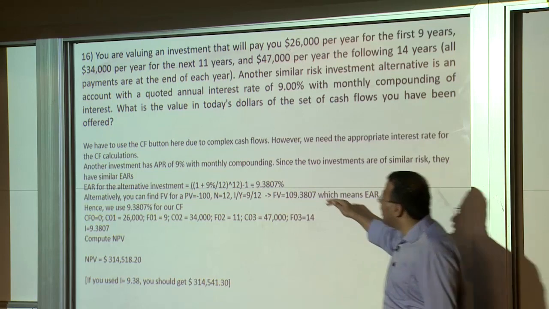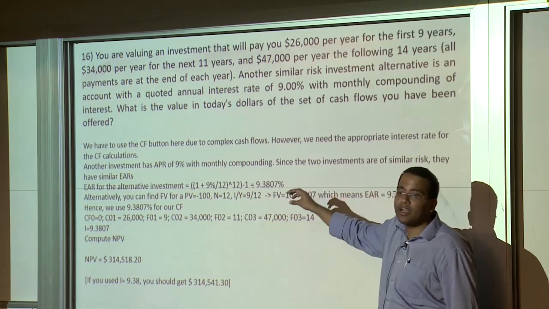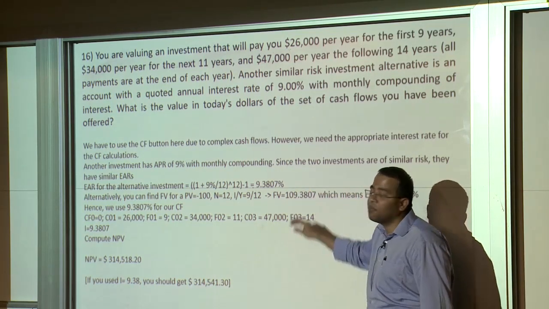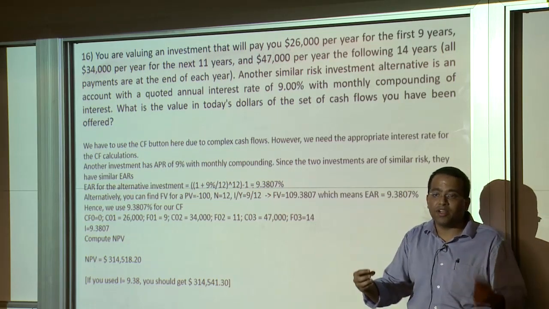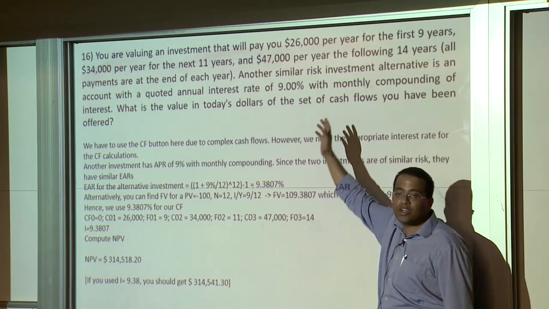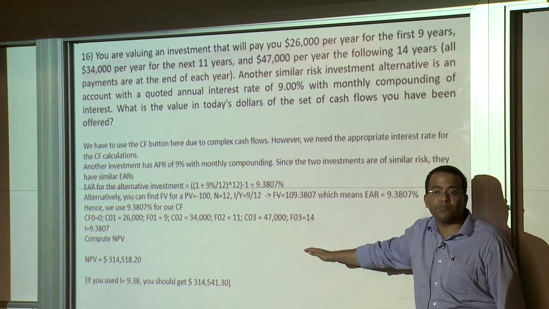So the EAR for the alternate investment was 9.3807%, and because the first and the second have the same risk, the effective rate for the first set of cash flows is also 9.3807%.